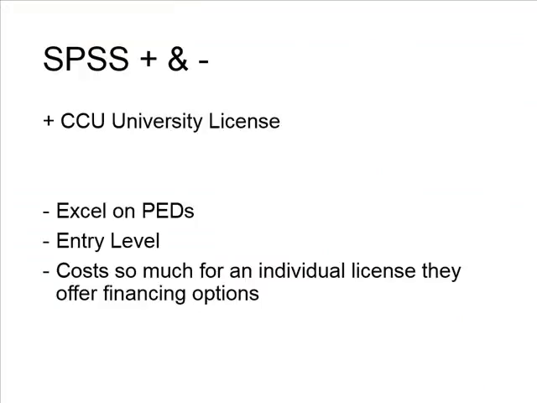So the positives: university license, soft and fuzzy. Negatives: it really isn't that much better than Excel. It is an entry-level statistics program. There are things it cannot do, and there are also things that it does incorrectly. And the last part, it costs so much for an individual license. I went to look it up this morning.